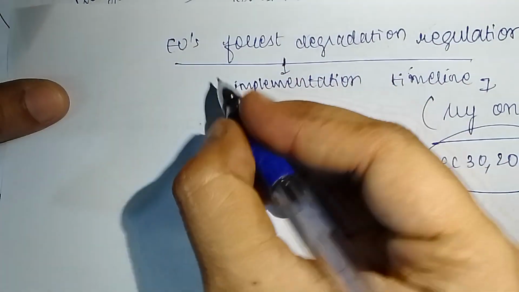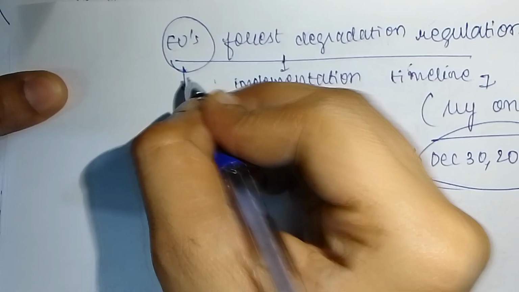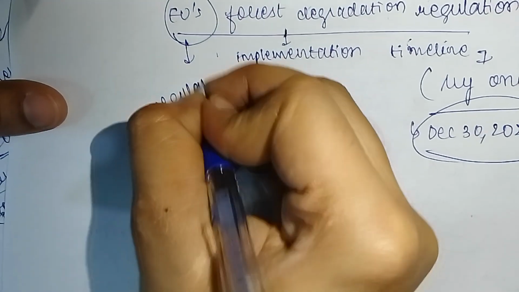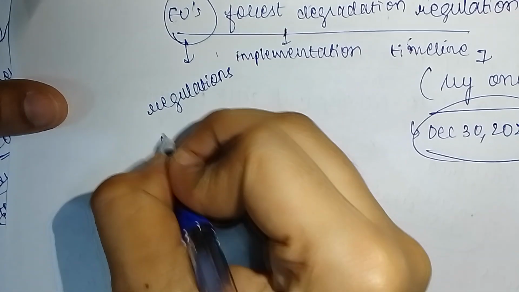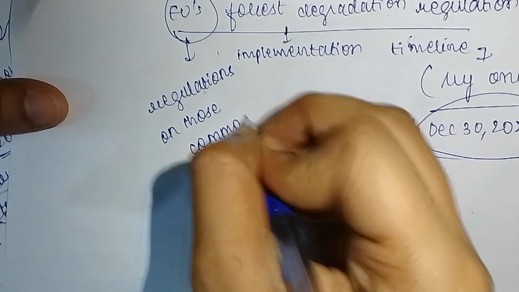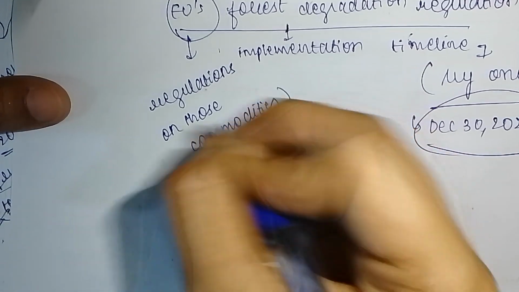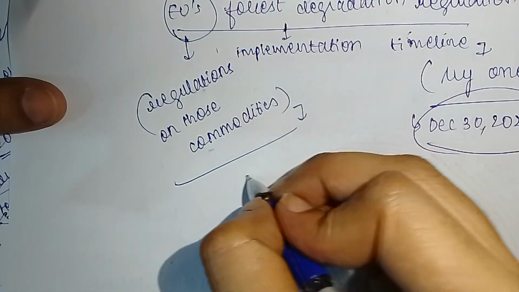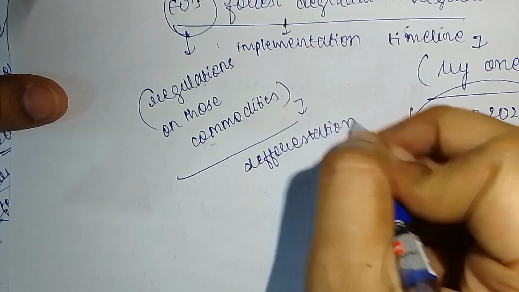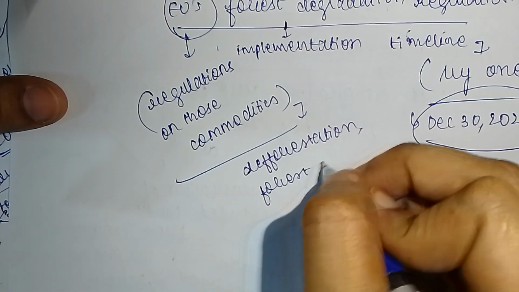Basically the European Union places regulations on those commodities which are sourced through deforestation and forest degradation.